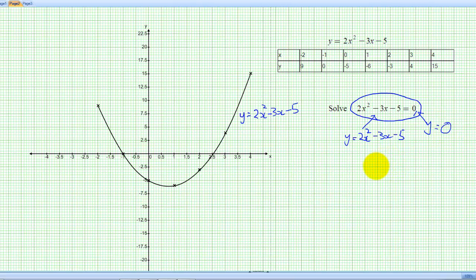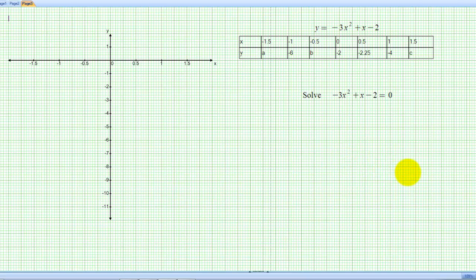Do you remember where is y equals to 0? Yes, y equals to 0 is actually the x-axis. And hence, can you find the intersection points? The intersection points will be x equals to negative 1 or x equals to 2.5.